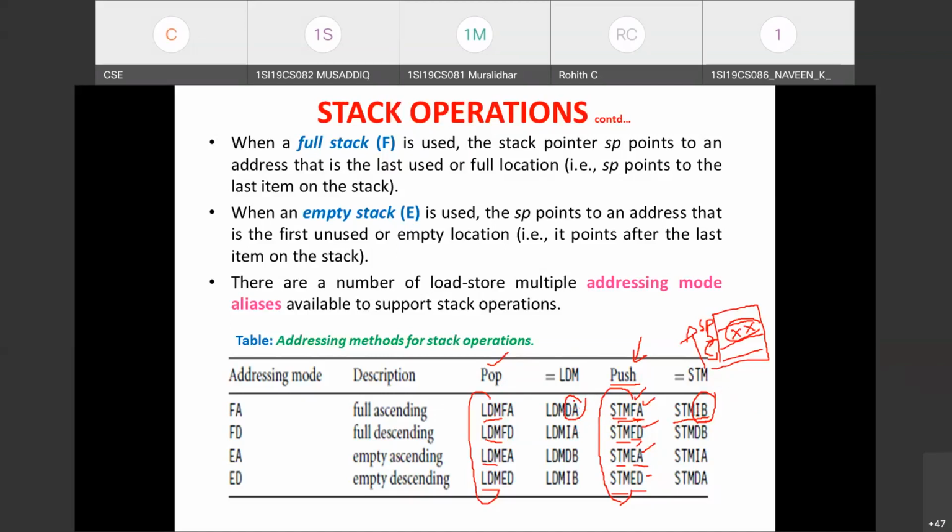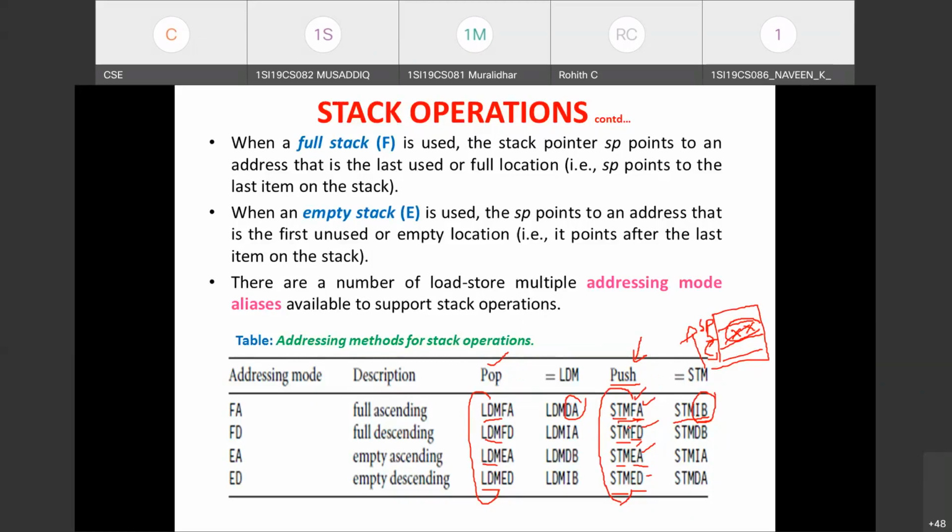Why is it DA, decrement after? Since we are trying to perform the pop operation, and it is already a full stack, meaning SP is pointing to the element to be removed from the stack. So first remove the data from the stack and then decrement the stack pointer by 4, so that you will find the new top of the stack element. Okay. So this is about STM-FA and LDM-FA.